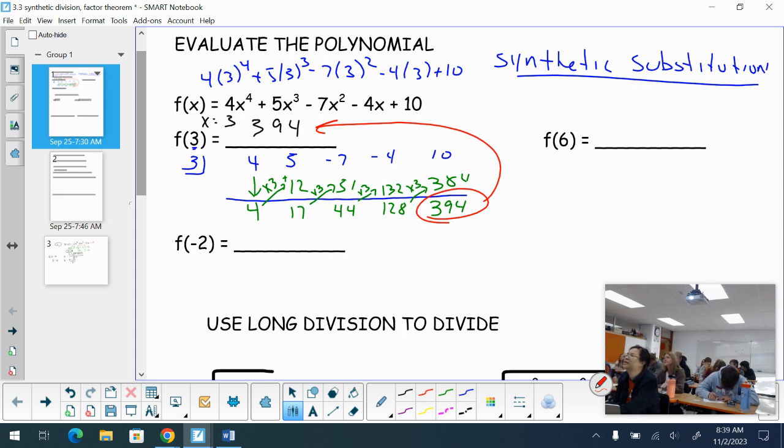Let's see what has happened here. Why does this work? The value of 4 gets multiplied by 3 1, 2, 3, 4 times. Because this value here is 3 times 4 plus 5.